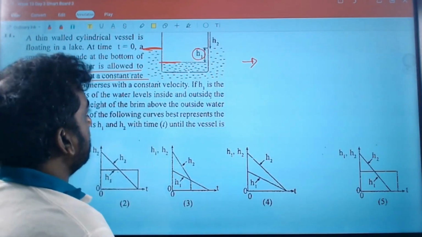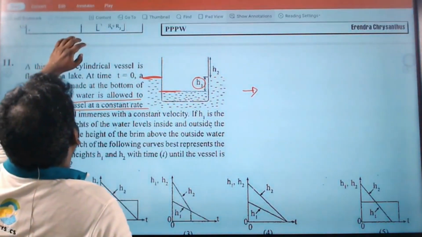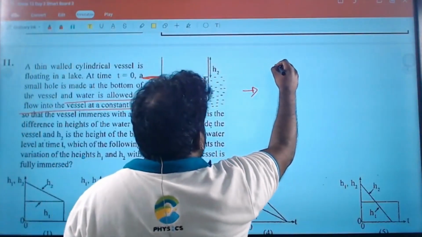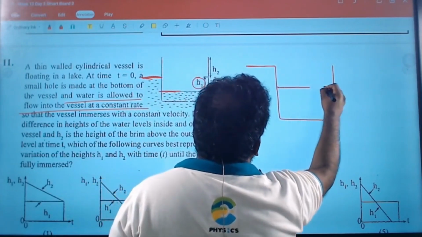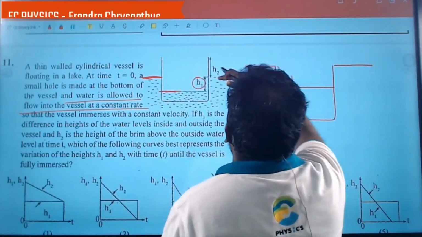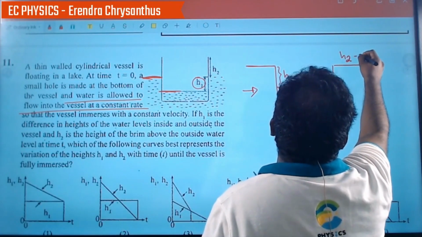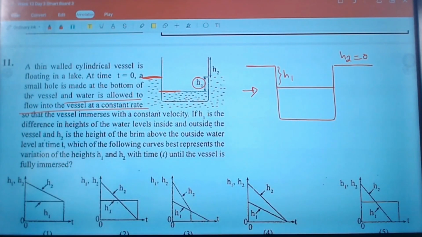so what happens is, if I show it here, let's say it's sinking. Inner outer layer constant. Now from the layer outside, H2 has become 0. But still H1 is constant. H1 is constant, right. What are they saying?